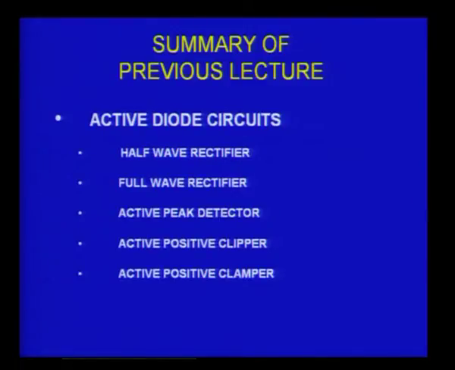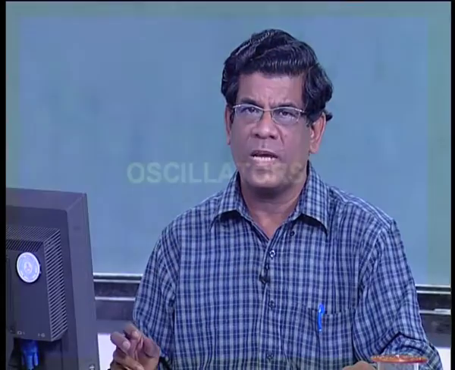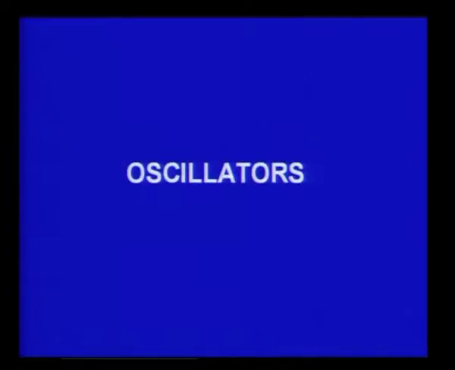Then we also saw some variations of these, like the peak detector, the active positive clipper and clamping circuits, which are very useful in different wave shaping circuits. Now, let us move on to the next important topic in electronics, that is design of oscillators.